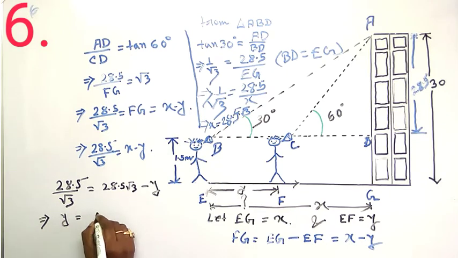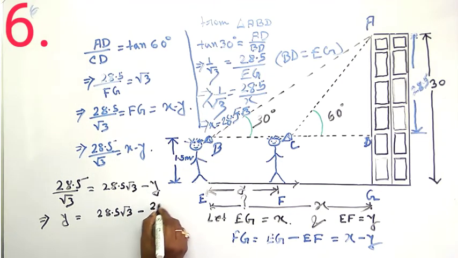Simplify: Y equals 28.5 root 3 minus 28.5 by root 3.